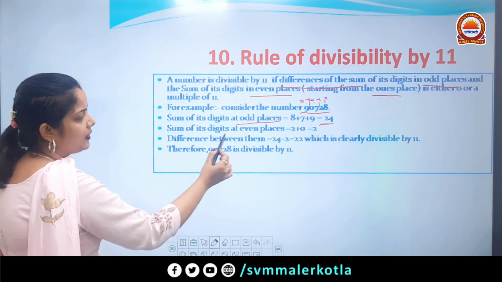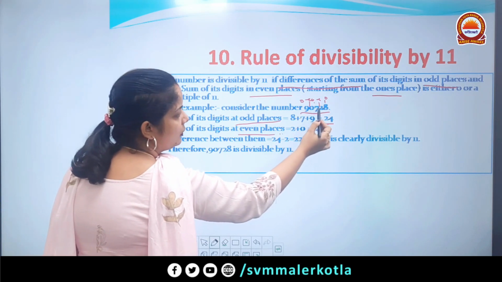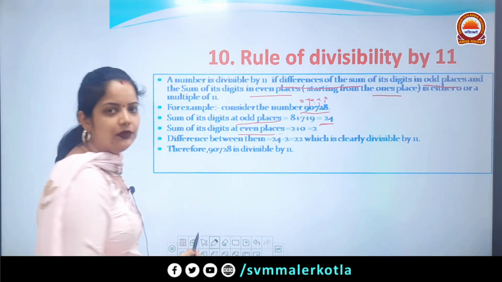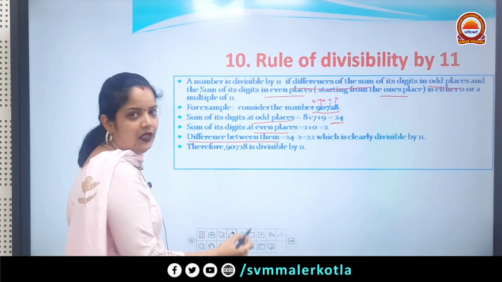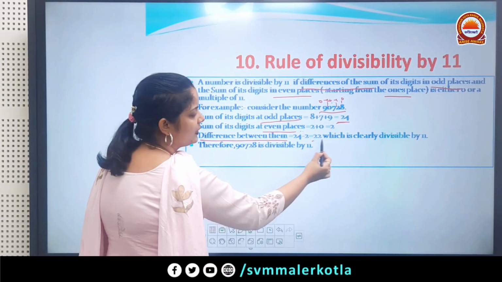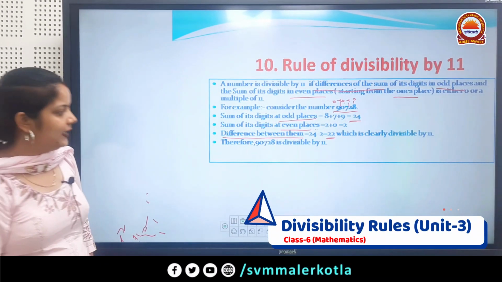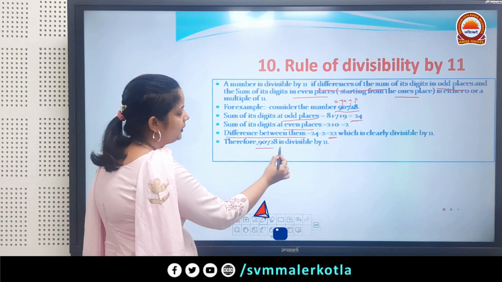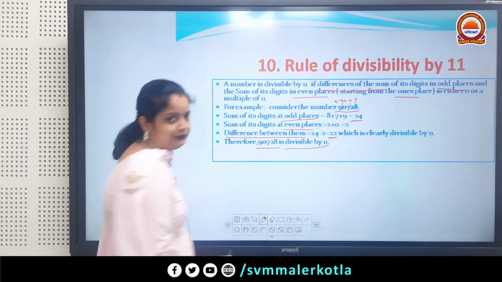Now we will take the sum of digits at the even places, that is 2 plus 0, that is equal to 2. Then we will find their difference, that is 24 minus 2, which is equal to 22. 22 is clearly divisible by 11. Therefore, this whole number 90728 is divisible by 11.